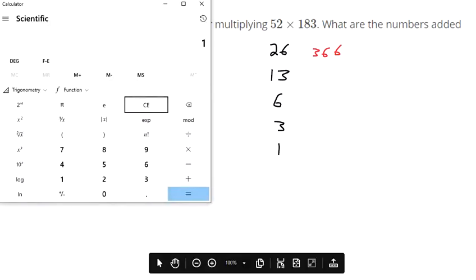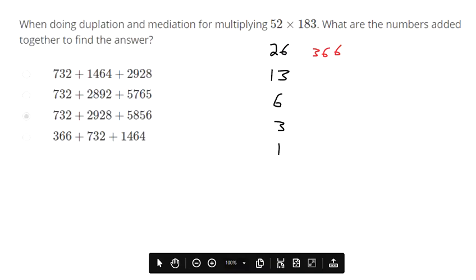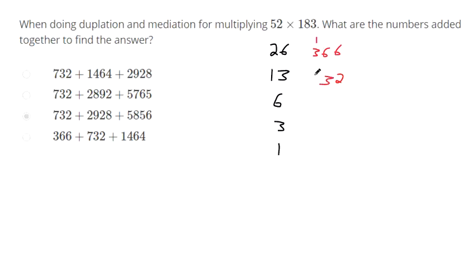366. Let me double check. Yeah, okay. Then multiply this number by 2. 732, I think. And then multiply this number by 2. So that's 4, 6, 14. And then multiply that new number by 2. 8, 9, 2.